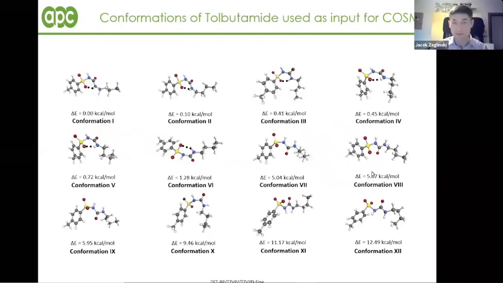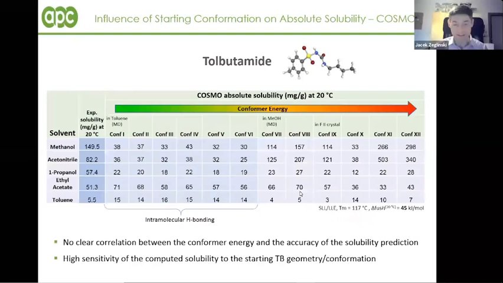And then we generated a range of different conformations, including intramolecular and non-intramolecular hydrogen bonded ones, and we predicted solubilities. But we found that the hypothesis I mentioned about the conformation energy, the lower the energy, the better the conformation and the better the predictions, doesn't apply here, because for those conformers with the lowest energy, we actually don't see very good predictions.